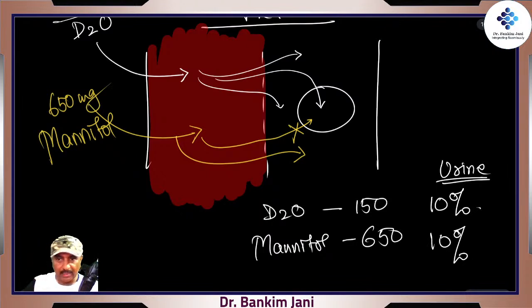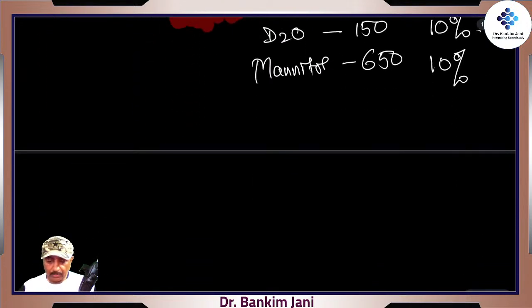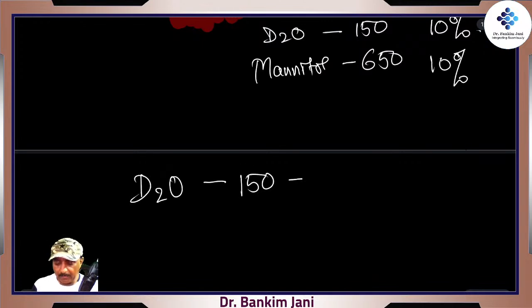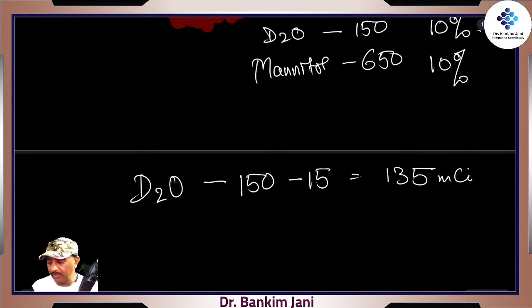So now that is out. How much D2O is now present in the body? Well, 150 minus 10%, that is 15, that comes to 135 millicurie. This much is present in the body.